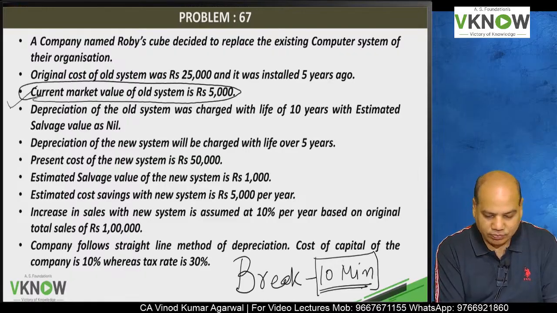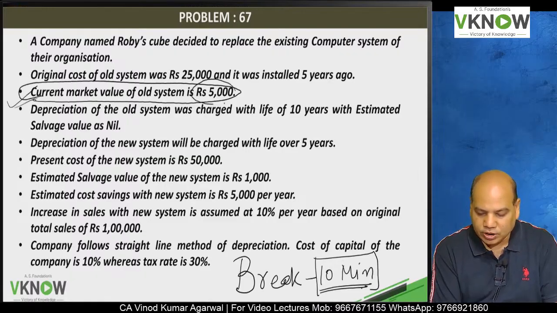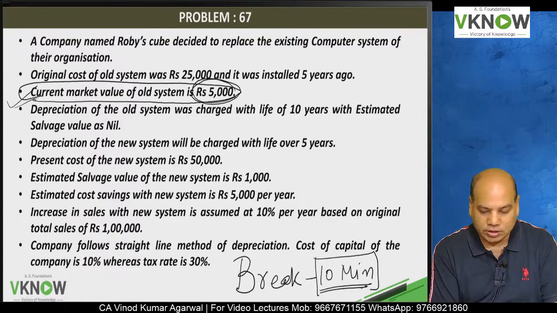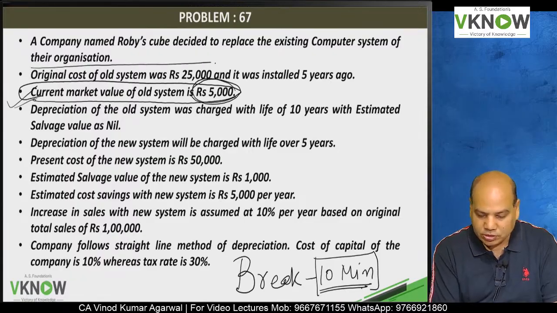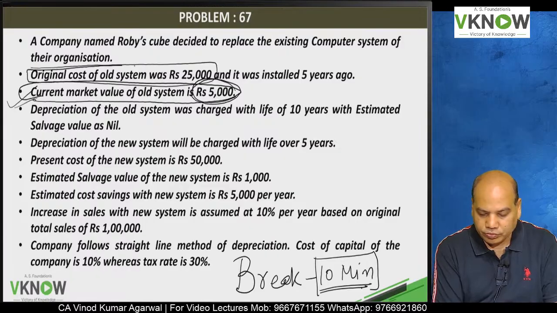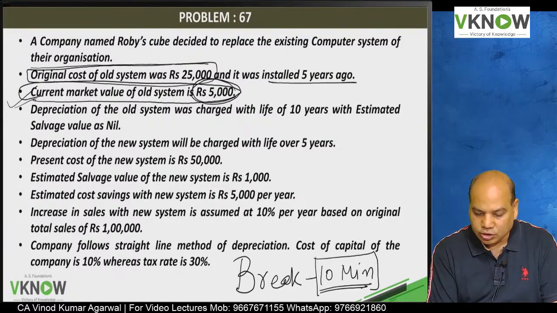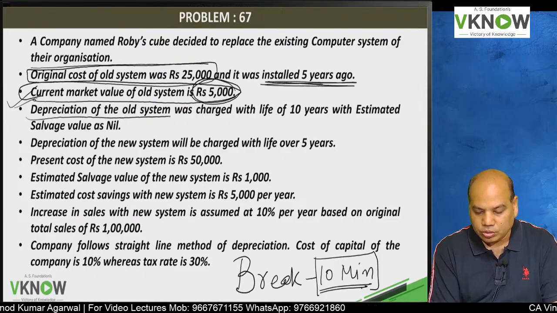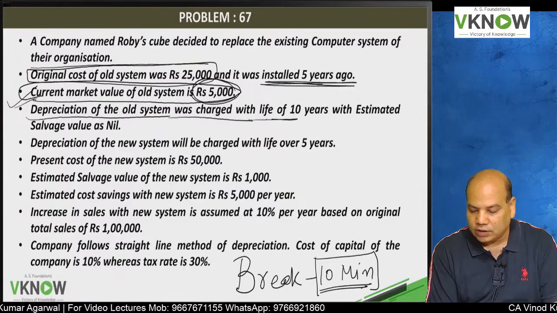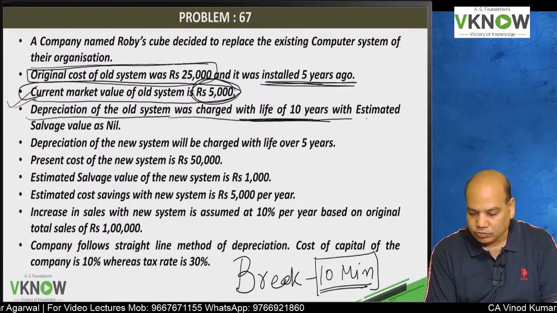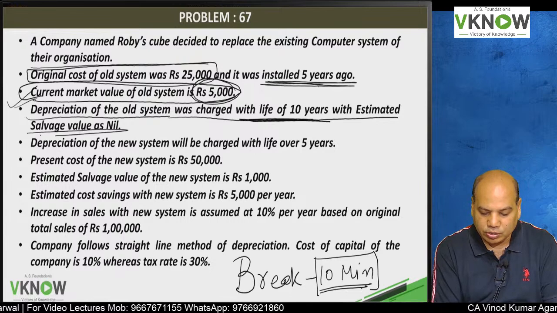Tick mark. This is the amount you will get if you sell it today, and it was purchased long back for 25,000 and 5 years are already over. Depreciation of the old system was charged with the life of 10 years with estimated salvage value as nil.